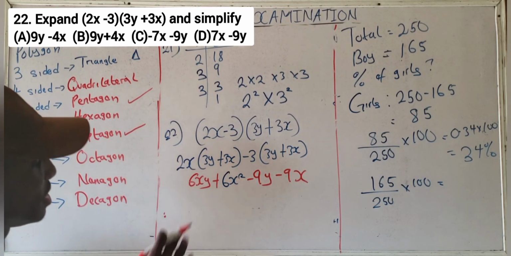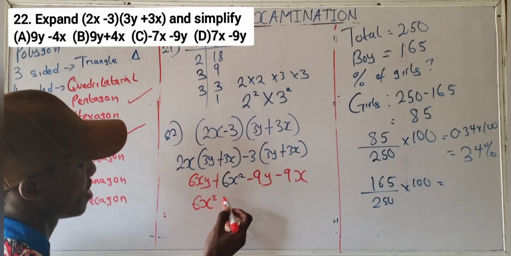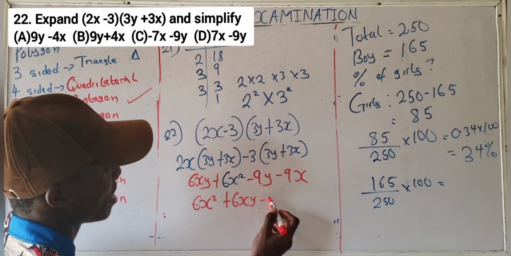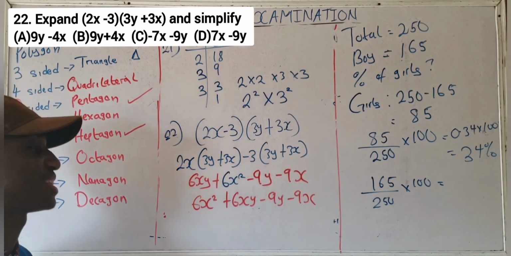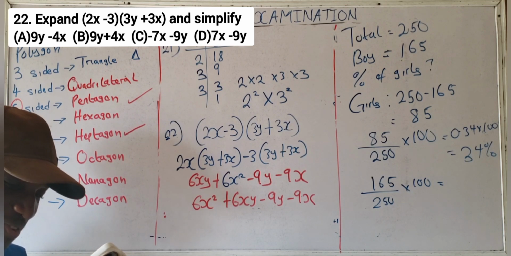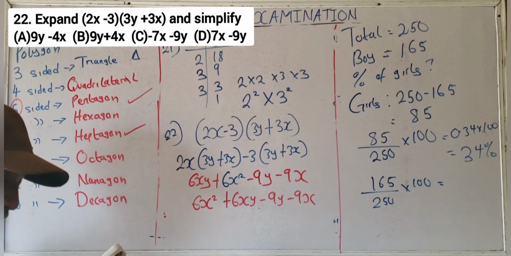So for this now, we have 6x squared plus 6xy minus 9y minus 9x. Now, is there any option that is there? There is no correct option there. So that one would be a bonus.